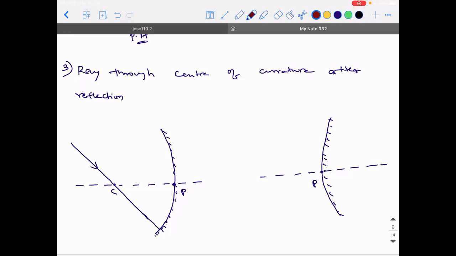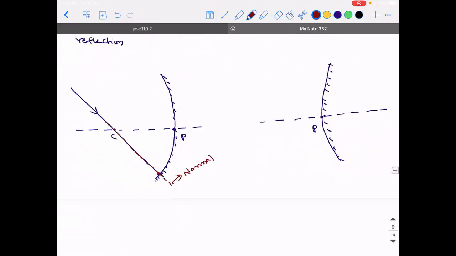So what do we generally do at the point of incidence? We draw the normal. Last class itself, I told you with respect to a spherical mirror, for you to draw the normal, you just need to join the center of curvature and the point of incidence. So what is happening here, guys? What is an important point you're able to observe?